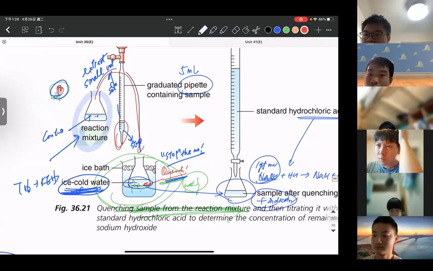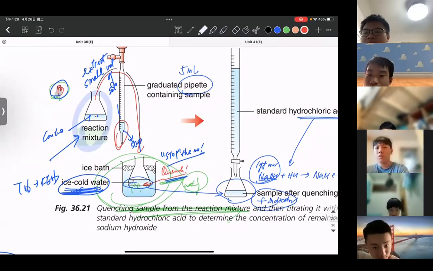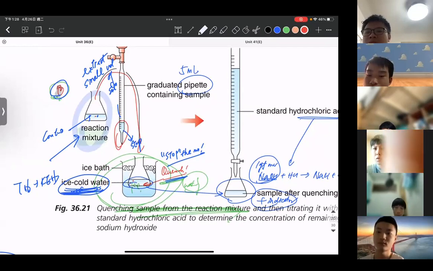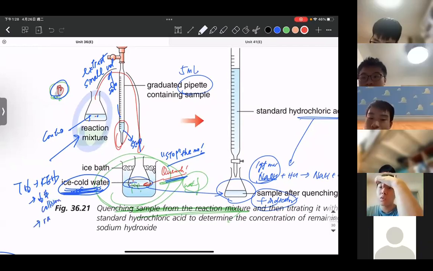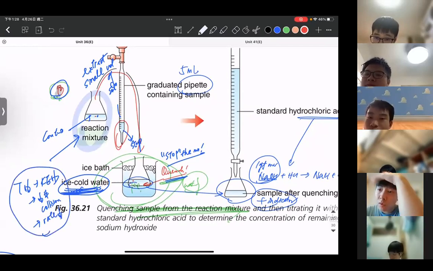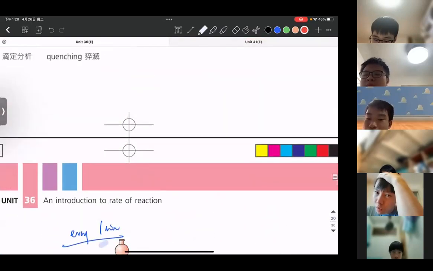If you don't understand physics, you will say that the temperature decreases, the molecules move more slowly. Can you get my point? So they will say that the particles will move slowly, so they will decrease the chance of collision. So the reaction rate will drop. Can you get my point? Now, of course, that type of concept, you'll know it in later chapters.